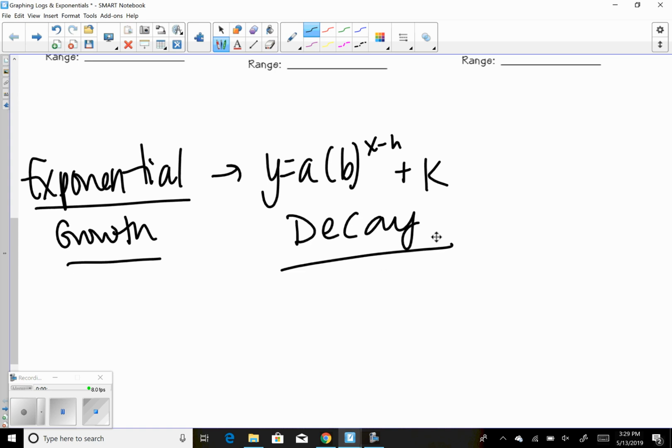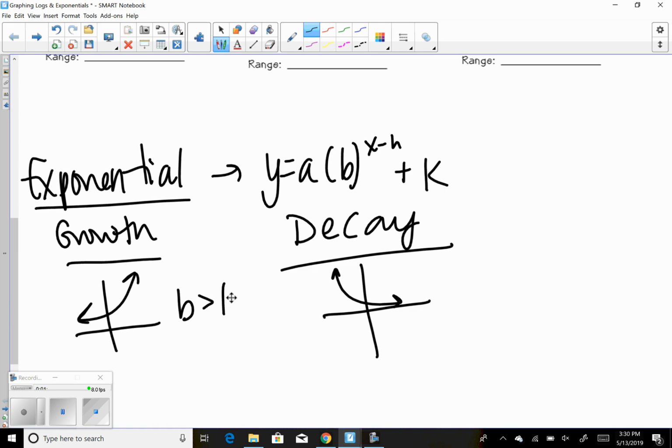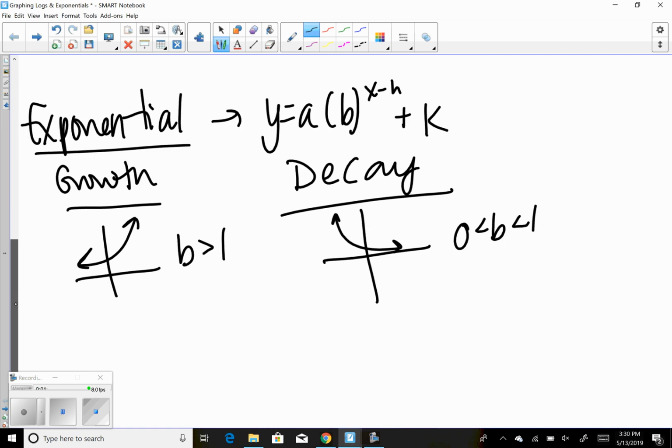Growth takes this general shape here, and decay takes this general shape here. Growth is when your base is bigger than 1. Decay is when your base is between 0 and 1. So that's just a little quick reminder there.